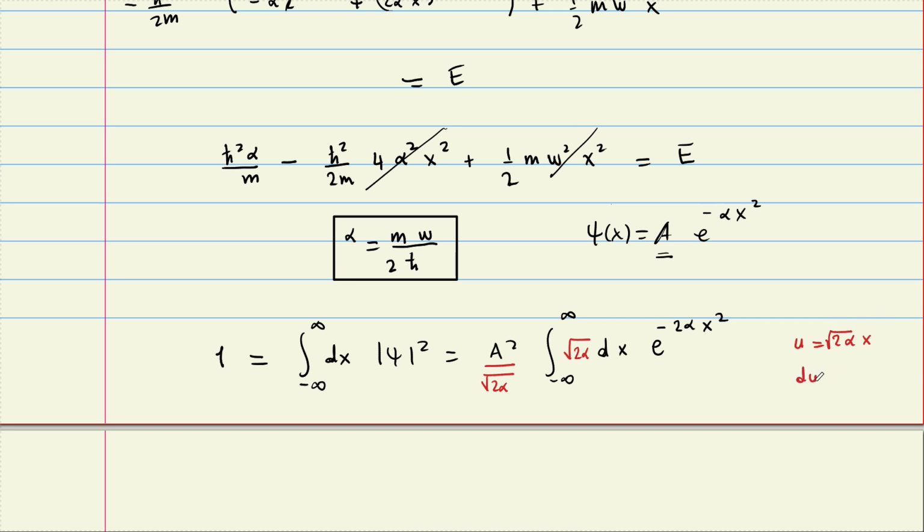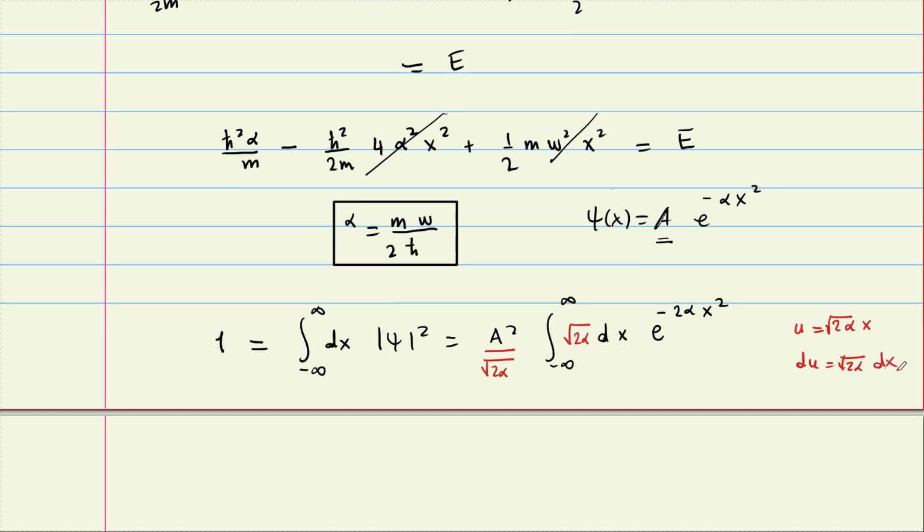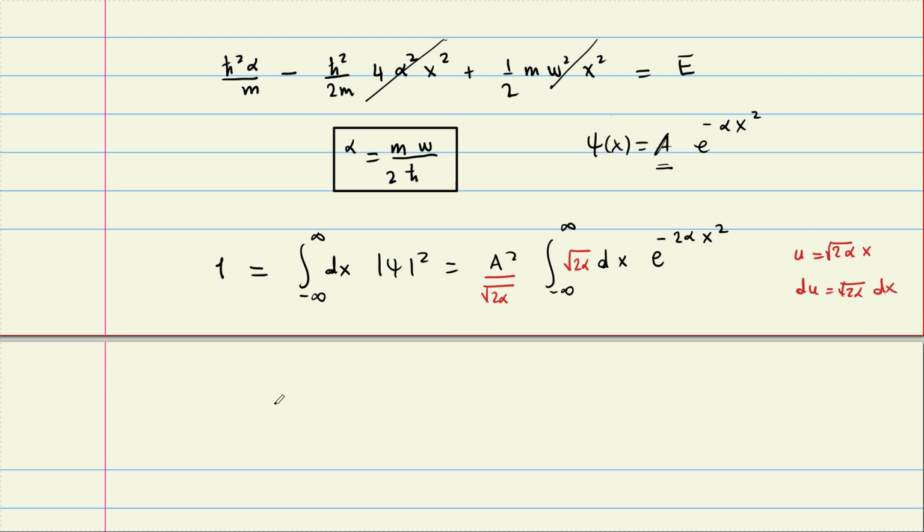So du is going to be root 2 alpha dx. So then this is going to be a squared over root 2 alpha times the integral du, also going from minus infinity to plus infinity, of e to the minus u squared. How many people know how to take the integral of this one? Even function, but how do you take the integral? What is the result?